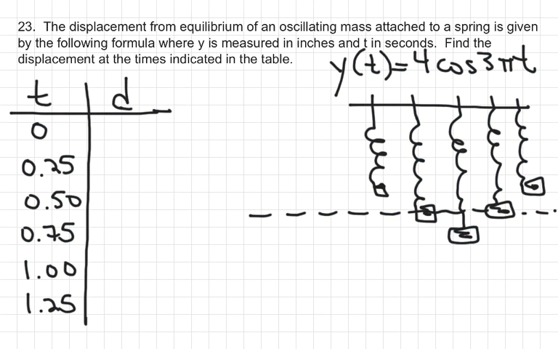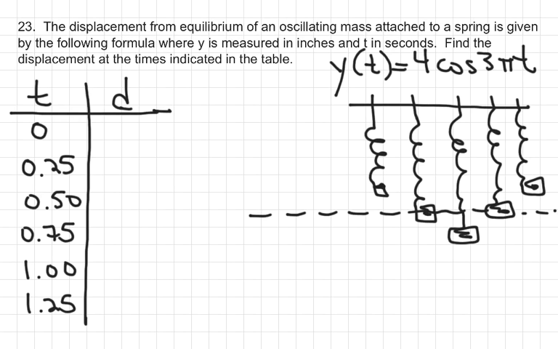Problem 23. The displacement from equilibrium of an oscillating mass attached to a spring is given by the following formula, where y is measured in inches and t is in seconds. Find the displacement at the times indicated in the table. Now the equation that describes the motion of this oscillating mass is y of t equals 4 times the cosine of 3 pi t.